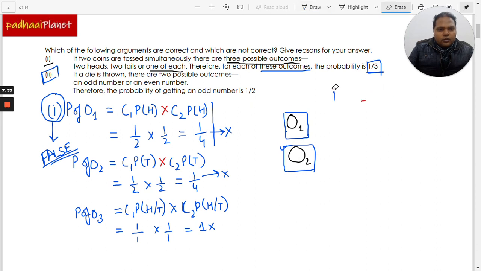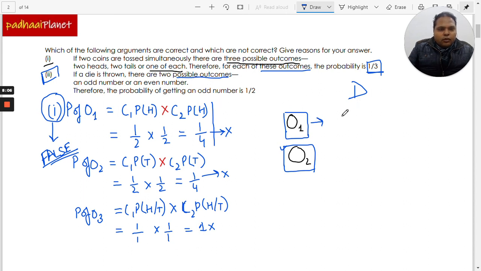Let's just consider this is the dice and this is thrown once, so there could be two possible outcomes. Outcome number 1 is that an odd number will come, or the even number will come. If the odd number will come, then what will be the possibility?